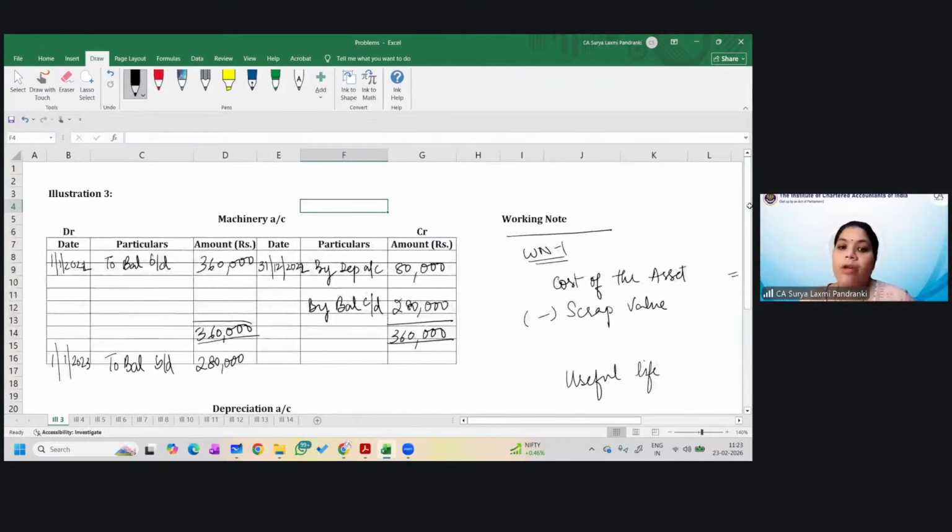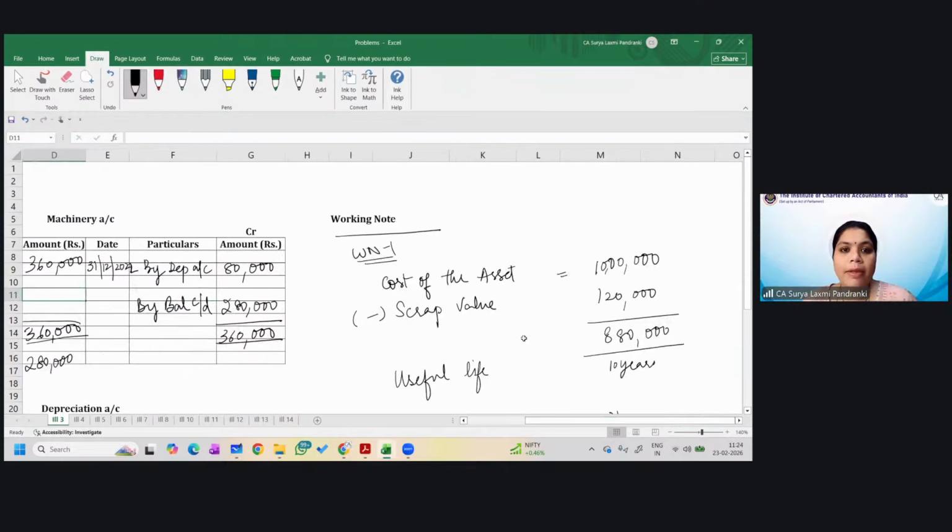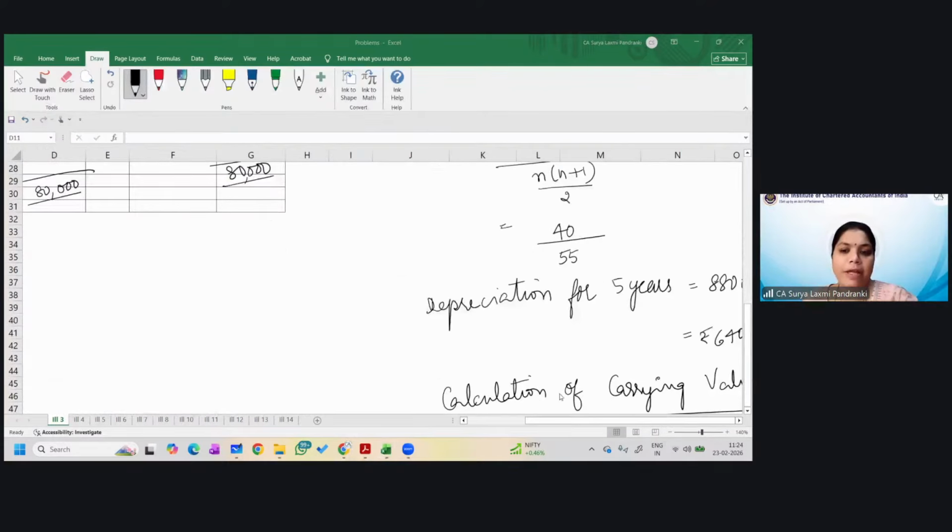We didn't do it for all the 5 years. That is why this balancing figure of 3,60,000 has come in. Otherwise, you have to take the total cost of the asset and then start depreciating every year for 5 years. Then you bring the balancing figure. But that part we have done in the working note calculation. In working note 1, we calculated the depreciation for 5 years.